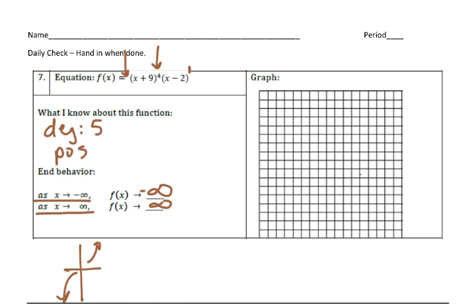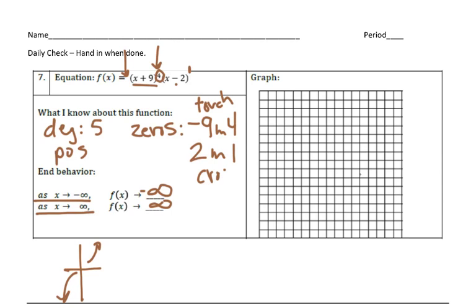Okay, so I also know that for my zeros, I have a negative 9 with a multiplicity of 4, and I have a positive 2 with a multiplicity of 1. So at negative 9, it's going to touch. At 2, it's going to cross.